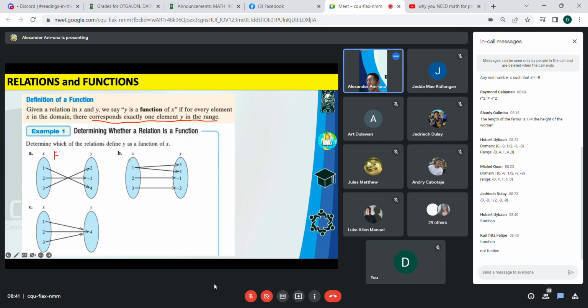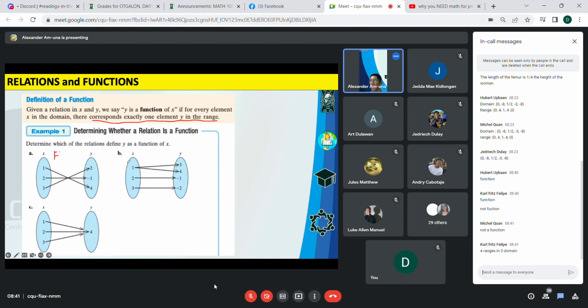Okay, why? For ranges in 3 domain. Okay.